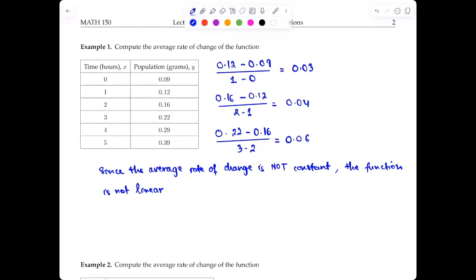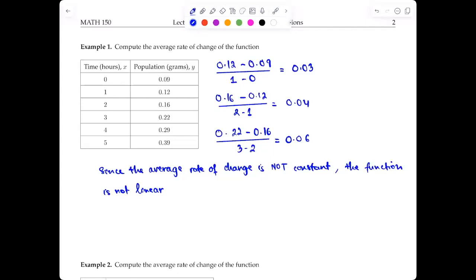Okay, so for this data, this calculation, we say that we're not going to be able to use a linear function to fit the data. Therefore, we need to move on to different calculations to find the best curve to fit the data.